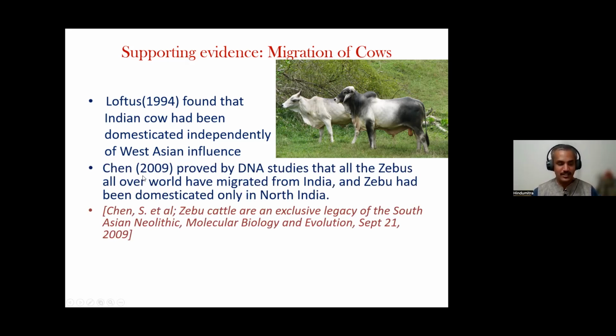For example, Chang published in 2009, proving through DNA studies that all the zebus, meaning humped cows, the natural desi cows we see with a hump on the back, or the Nandi, those are called zebus. These zebus all over the world have migrated from India, and zebus had been domesticated only in North India. This is the study published in 2009.